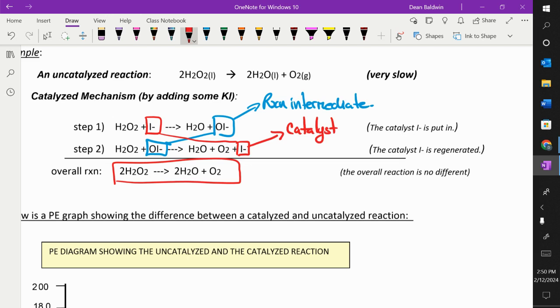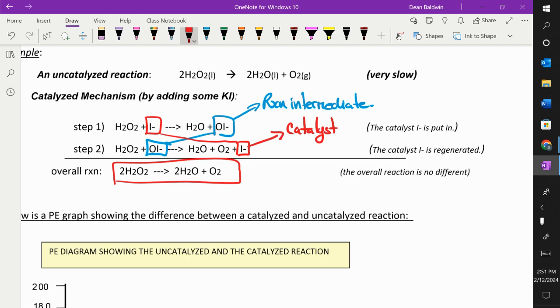An intermediate forms in a reaction step and then gets used up in the next step. So it matters the order in which it shows up? Yes. Reaction intermediates form first on the right side. Catalysts will show up on the left side and then are spit back out on the right side at the end. Okay? Does that make sense?